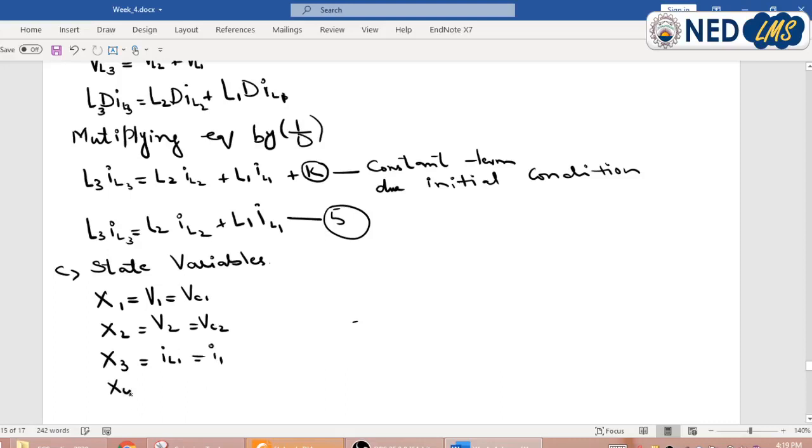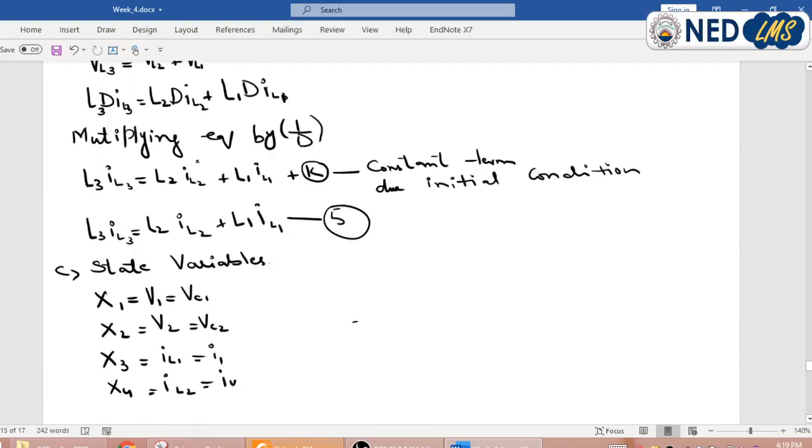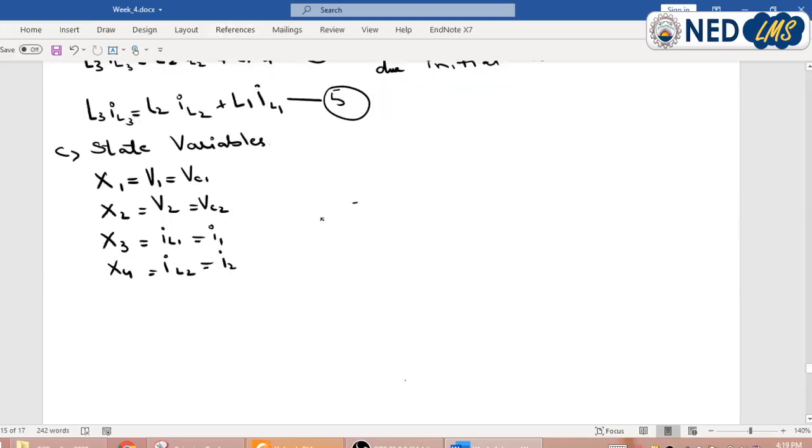Similarly, x4 is inductor current 2, which is basically I2. And the fifth variable is my input I, which we take as U.